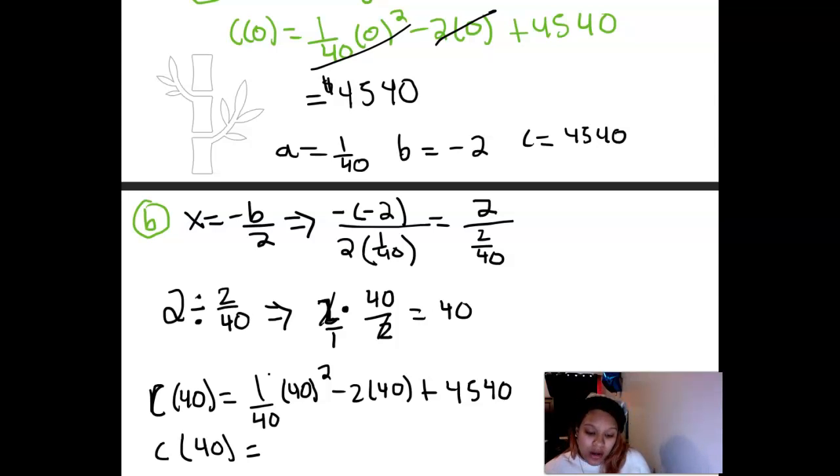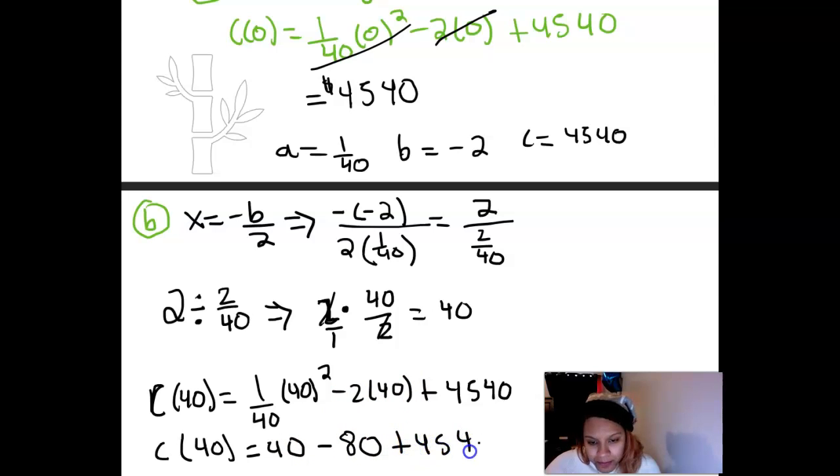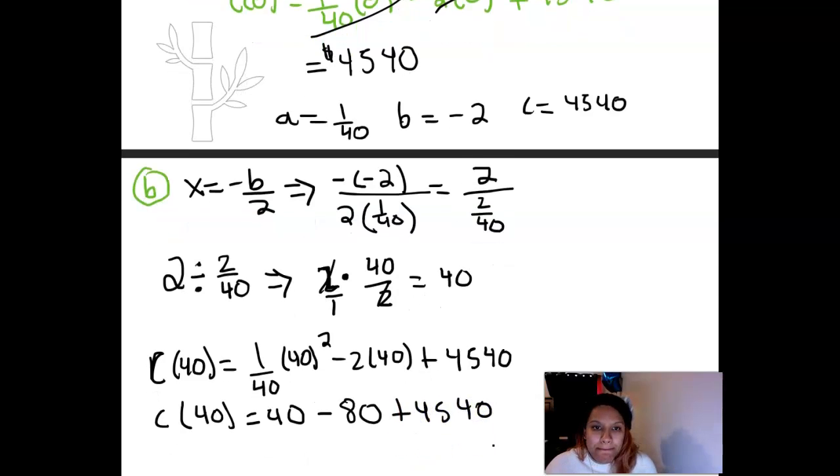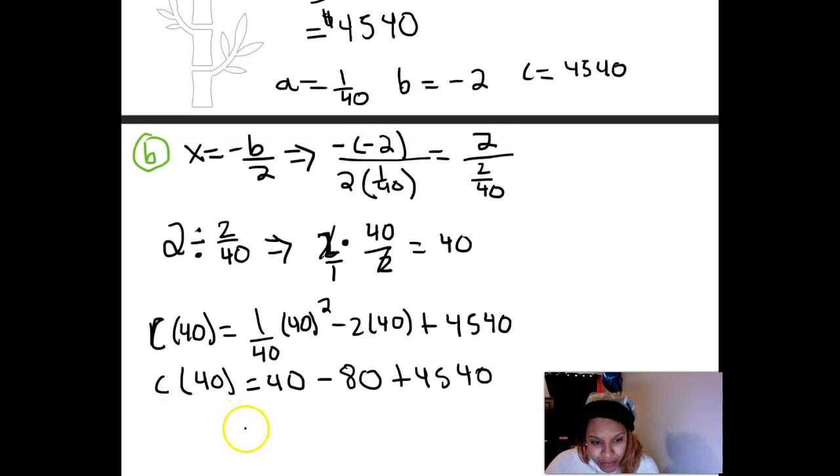So 40 squared gives you 1,600. And you're going to multiply that times 1 over 40, which gives you 40. Then minus this gives you 80, plus this guy. That gives you negative 40, plus this guy.